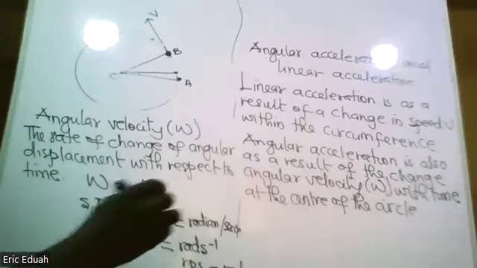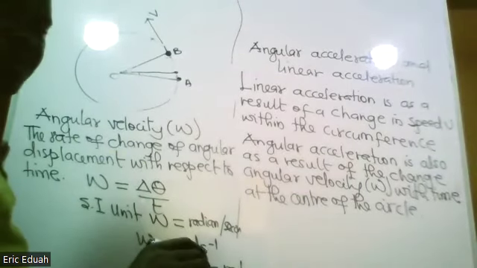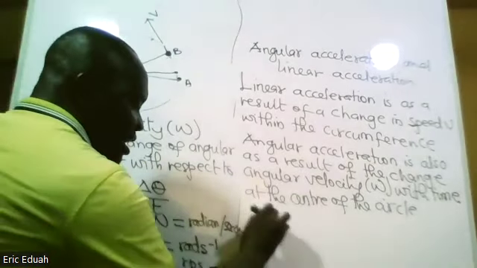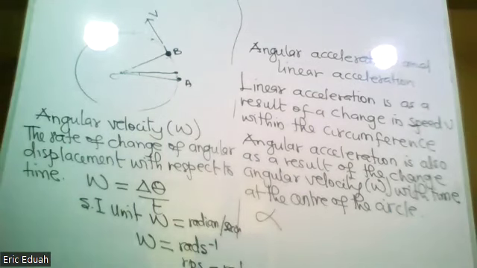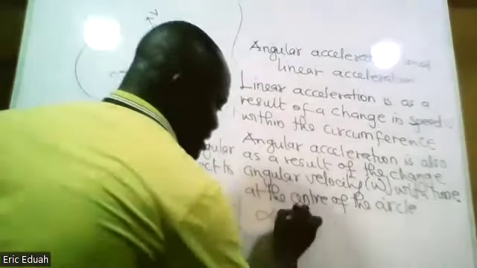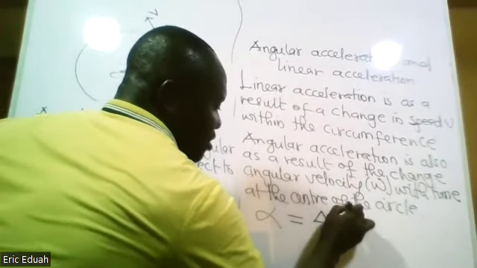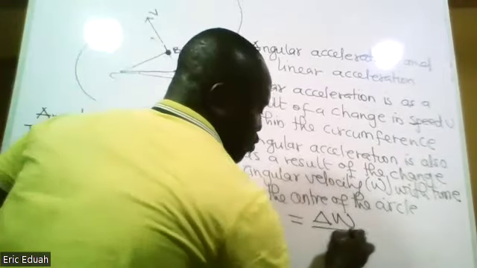So we define angular acceleration. Please, angular acceleration is represented by the symbol alpha. So learn the symbols. Angular acceleration is the rate of change of angular velocity omega with time.